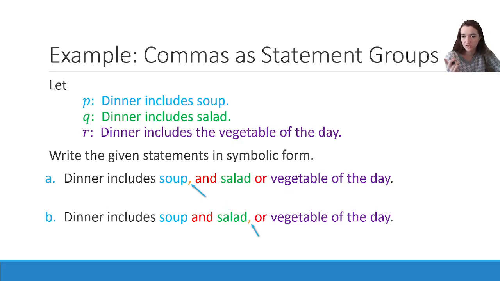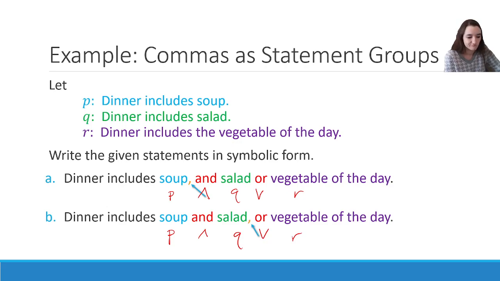That's a little bit tricky, right? Because you might think soup is P, salad is Q, and vegetable is R. We've got this or, we've got this and, and that's the same here too. These have the same breakdown except for the position of that comma.